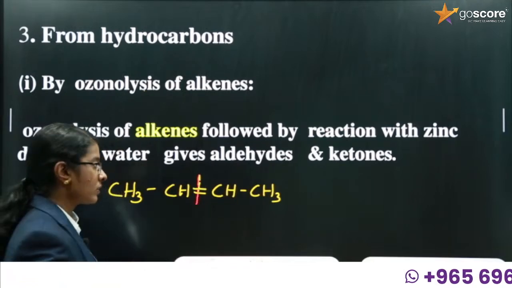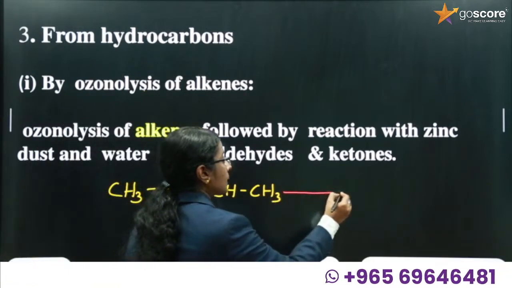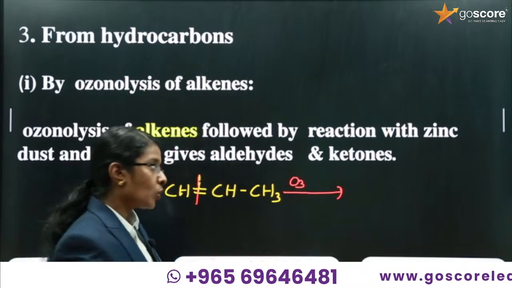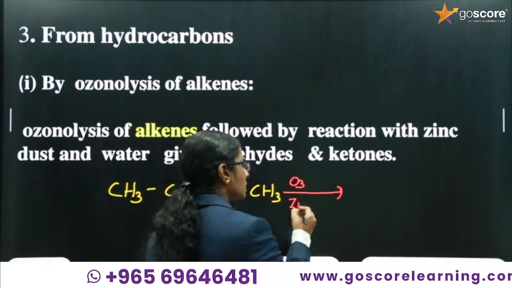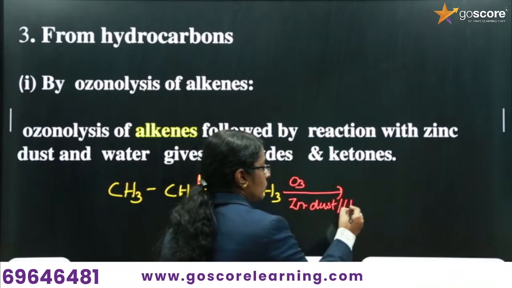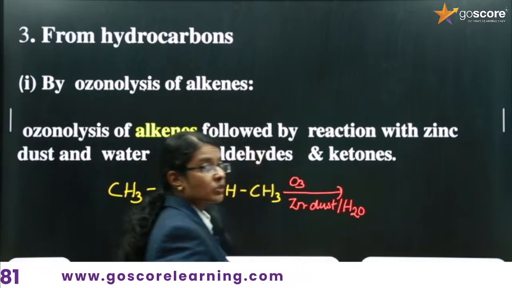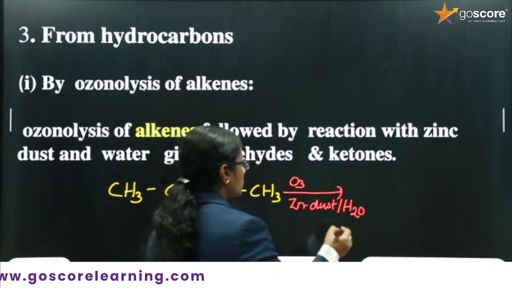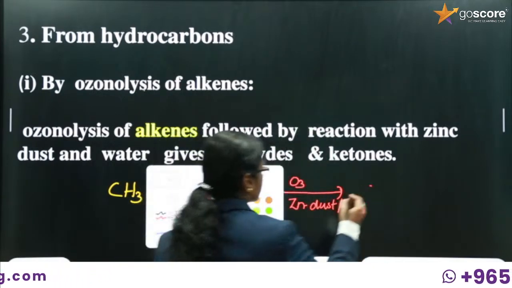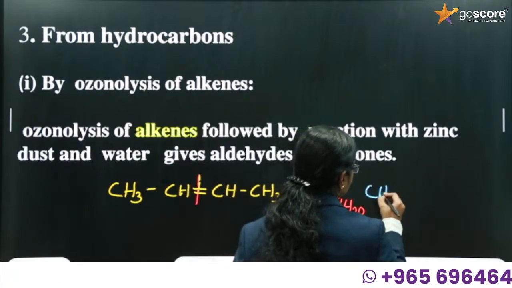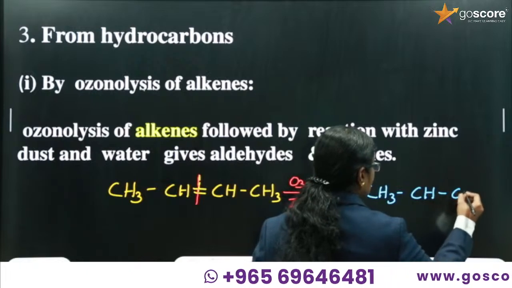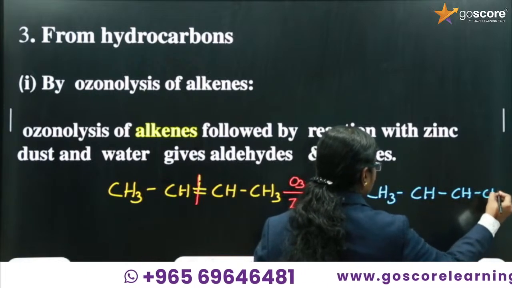Break this bond in the presence of ozone, breaking the bond of alkene by ozone in the presence of zinc dust and water. First you get ozonide. So CH3CH, CH, CH3.